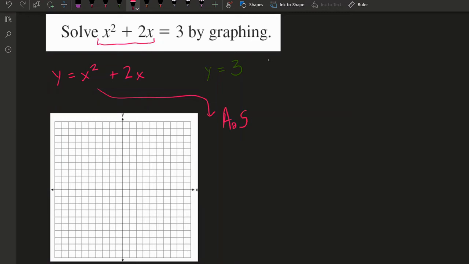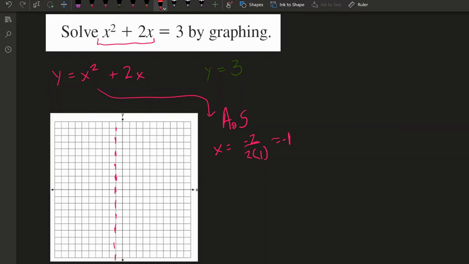Step 1, find the axis of symmetry because this is a quadratic. x equals negative b over 2a, which is -2 over 2, which is -1. So the axis of symmetry is here at -1. I'm going to go ahead and plug that in to find the vertex.